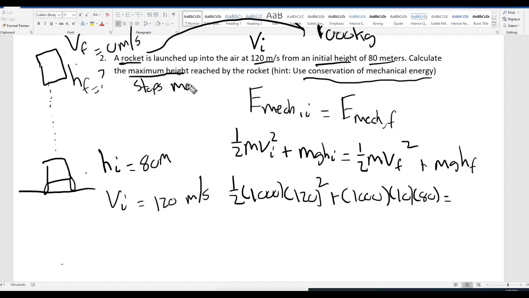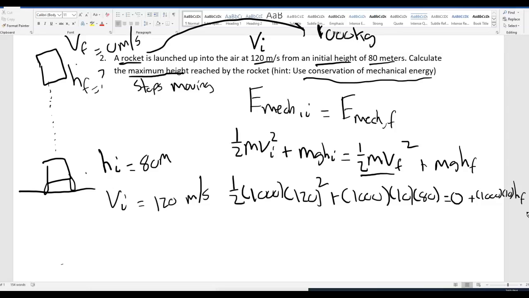That's really key to answering this question. If you don't know that, you can't answer this question. Because it stops moving, it has no kinetic energy at the highest point. That means this whole term is going to be 0, because kinetic energy is energy of motion. Plus 1,000 times 10 times h final.